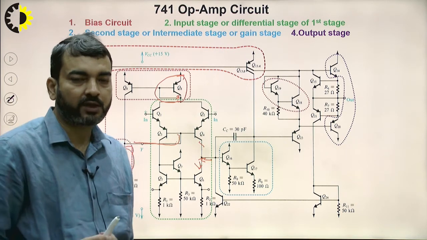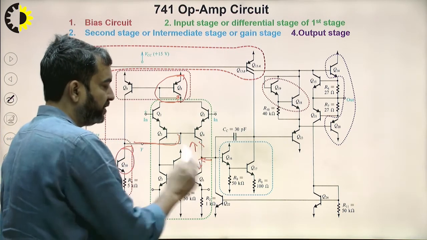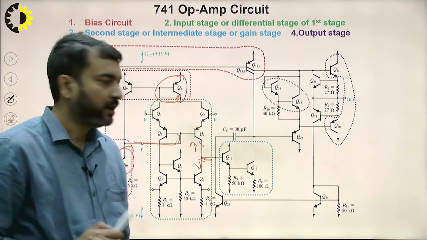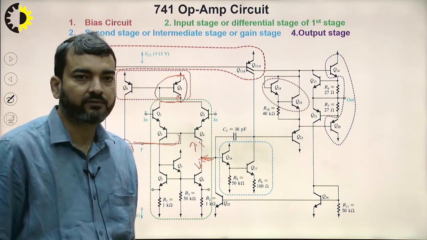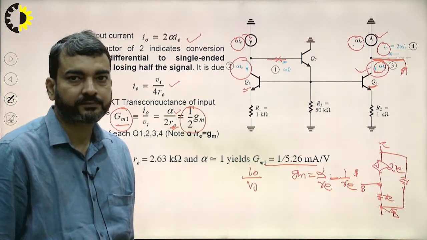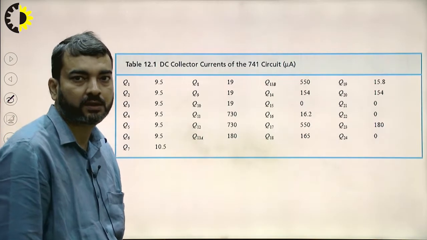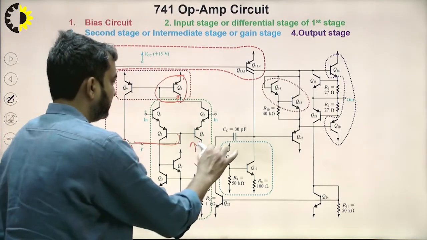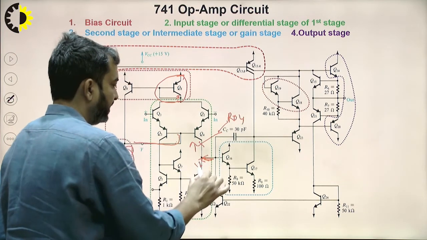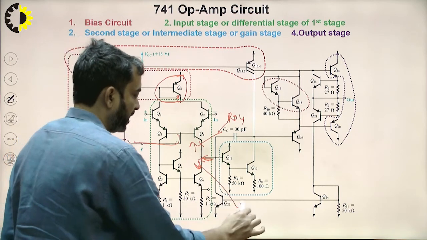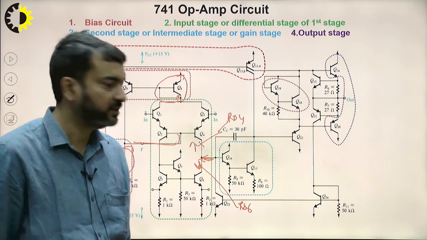We have to calculate the impedance of this branch and the impedance of this branch, and the final output resistance will be the parallel combination of these two. Let's say this resistance is R04 and the impedance looking downward is resistance R06. So we have to calculate this.